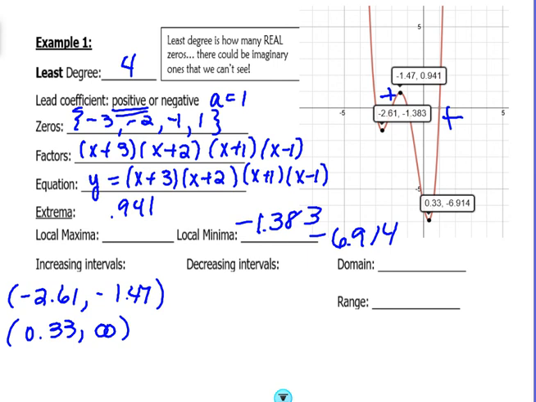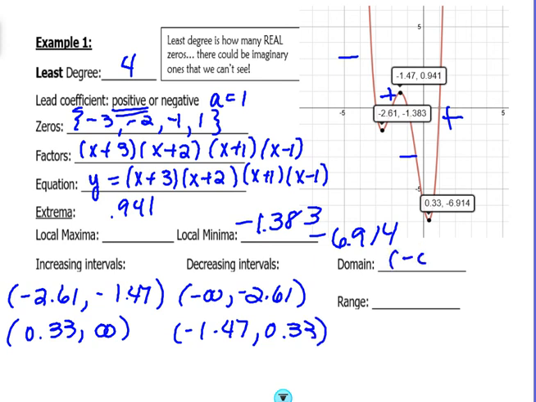Our decreasing intervals are from negative infinity to negative 2.61, and from negative 4.7 to 0.33.